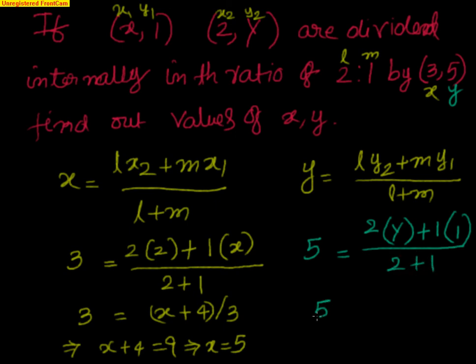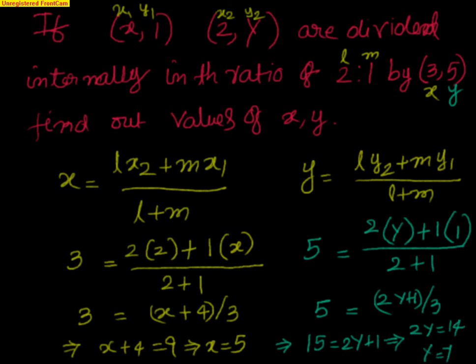So 5 equal to 2 into y is 2y, 2y plus 1 divided by 3. This simplifies to 15 is equal to 2y plus 1. If I cross multiply, 2y plus 1 equal to 5 into 3, 15. This gives me 2y equal to 14, which says that y equal to 7.